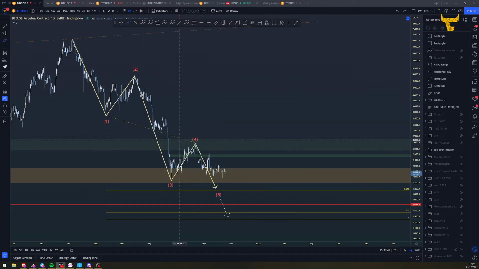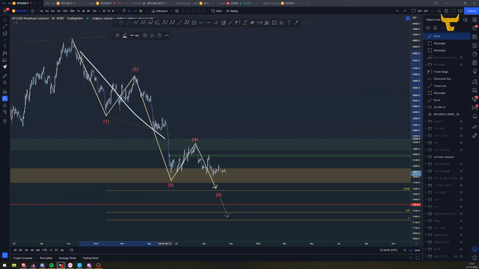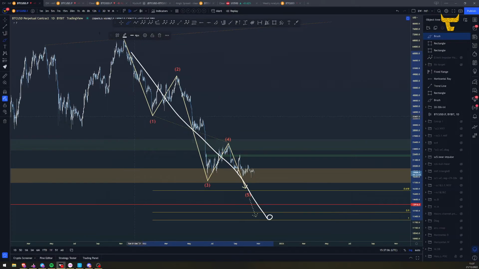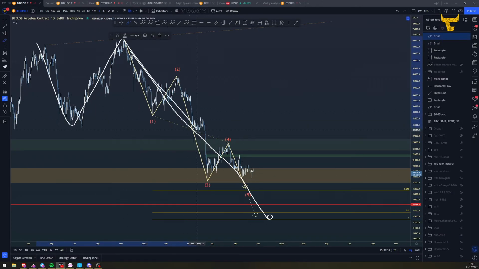That's the thing. In theory, it could still go significantly lower, even if we are in the last move, in the last fifth. And as 5 waves is impulsive, that would be a bearish structure, unless it is part of a flat like this.